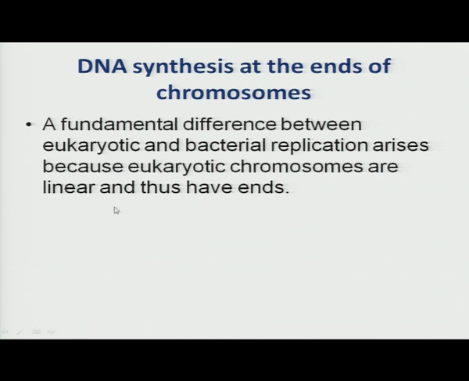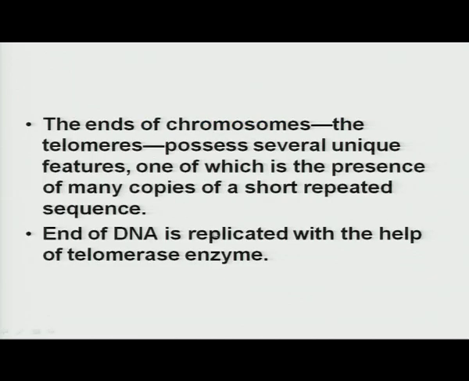But an important part of DNA replication in eukaryotes is the DNA synthesis at the end of the chromosome. As we know, in case of eukaryotic DNA, they have one end which will have a gap because of the removal of the primer.